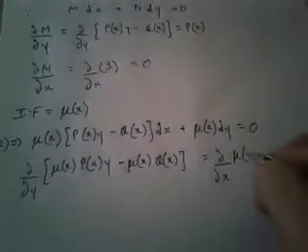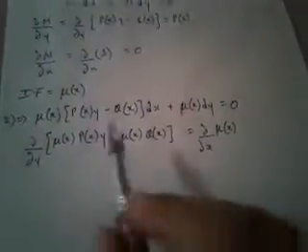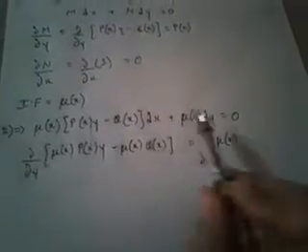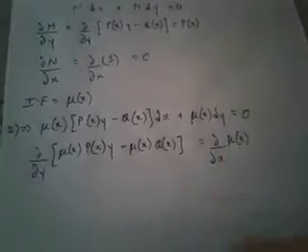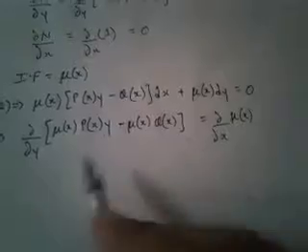Mu of x is N here, basically. So after the application of the integrating factor, this is definitely going to happen. That's why we have just written it directly.